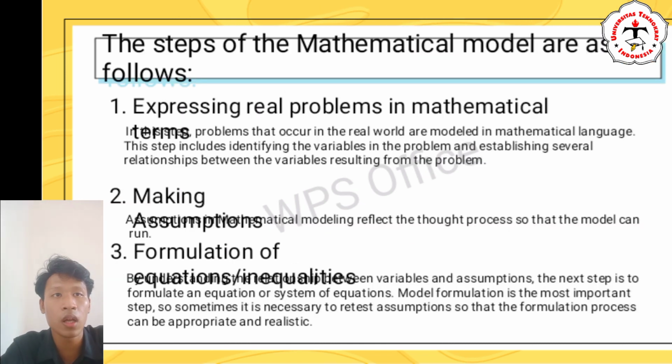The steps of the mathematical model are as follows. First, expressing the real problem in mathematical terms. In this step, problems that occur in the real world are modeled in mathematical language. This step includes identifying the variables in the problem and establishing several relationships between the variables resulting from the problem. 2.